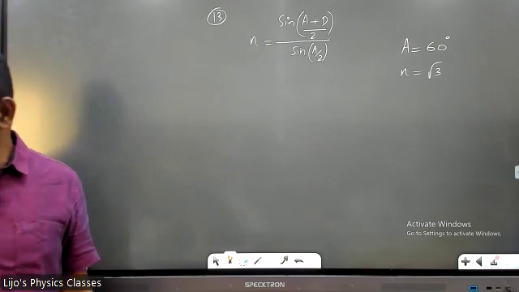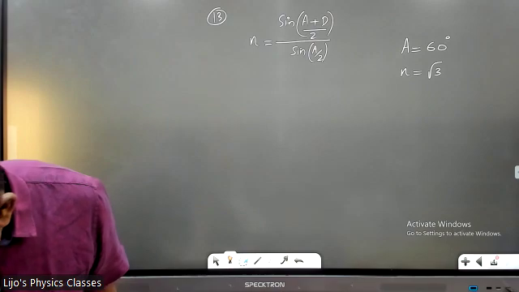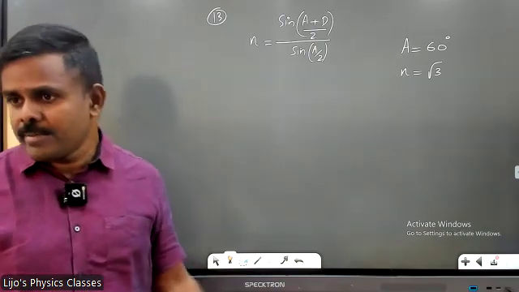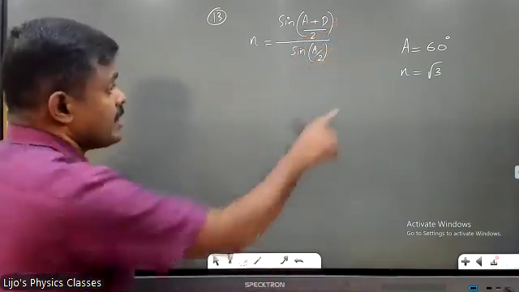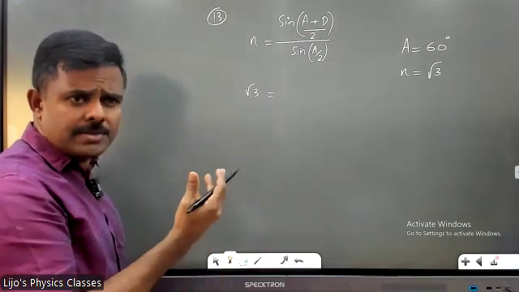So what is my intention? I need to find the angle of incidence, right? First I am trying to find out the minimum deviation. I'll need it. What is the n value? Root 3, simple substitution.